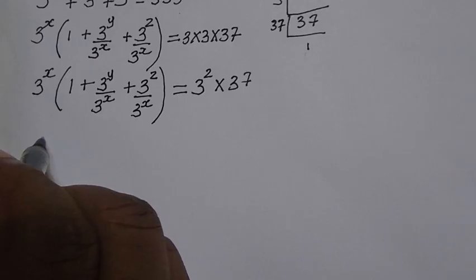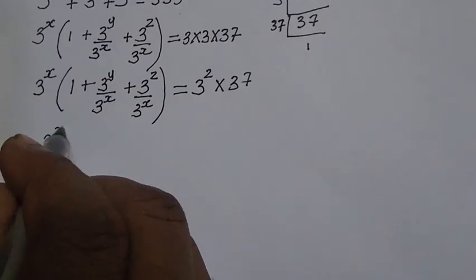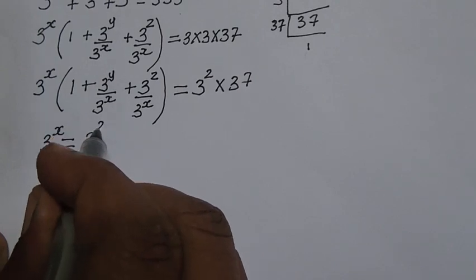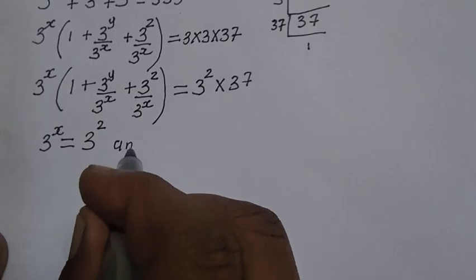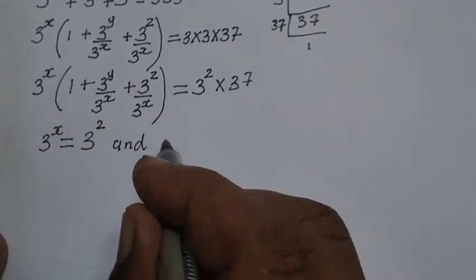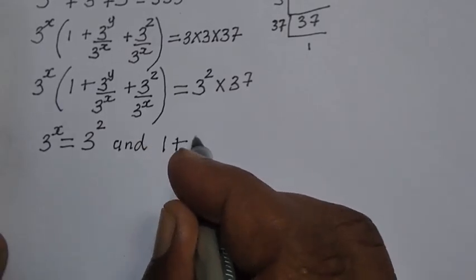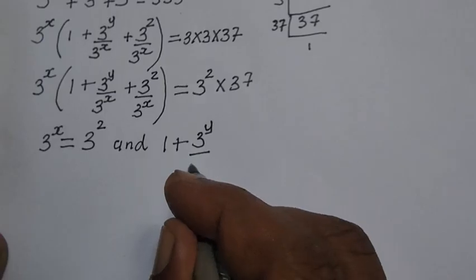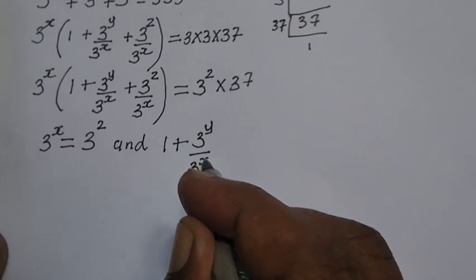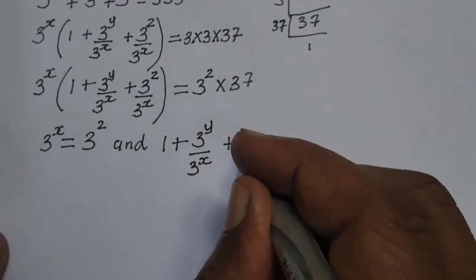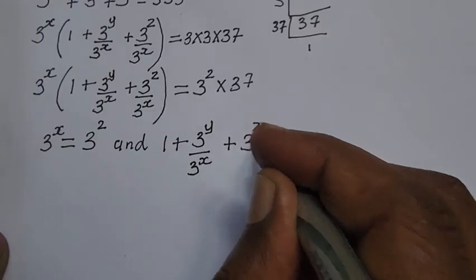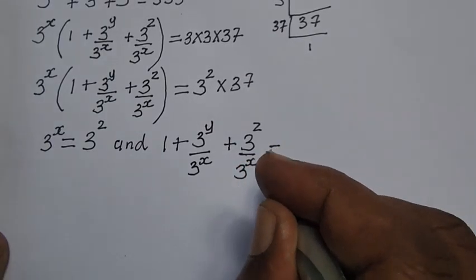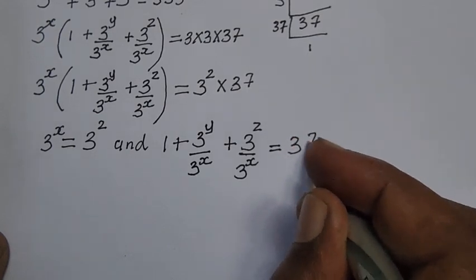So we have 3 raised to power x equals to 3 power 2, and the one inside the bracket 1 plus 3 raised to power y over 3 raised to power x plus 3 raised to power z over 3 raised to power x equals to 37.